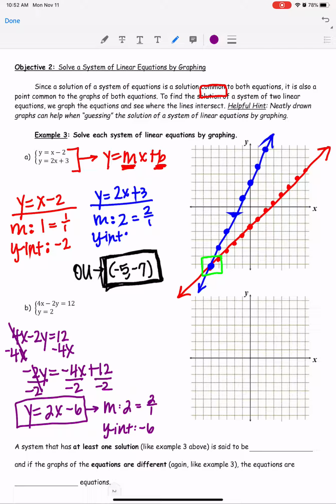So I'm going to start on this negative 1, 2, 3, 4, 5, 6 for my y-intercept. Okay, then rise 2, run 1. So up 2 over 1, up 2 over 1, up 2 over 1, up 2 over 1. Just keep going throughout this whole thing.